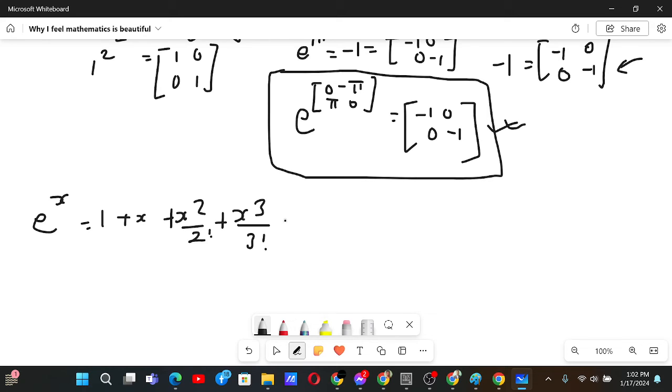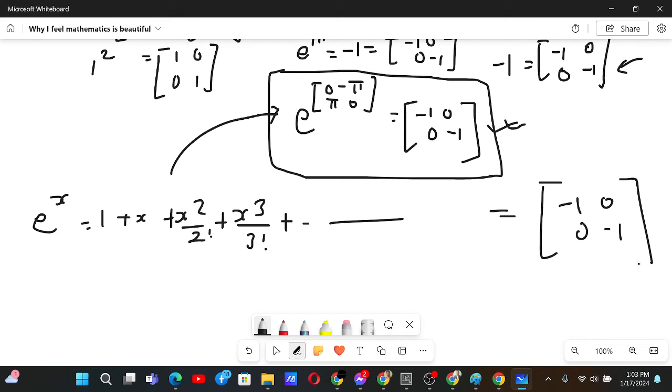So now if we try to use this definition to evaluate this thing, because we can obviously find the powers of a matrix, just multiply it twice, multiply it thrice, and divide by a constant. That can also be done. And if we input x as this matrix, we actually get minus 1, 0, 0, minus 1. So you see, the infinite series sums to this matrix.